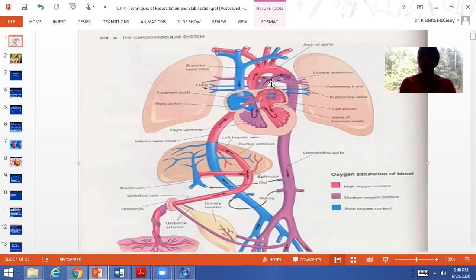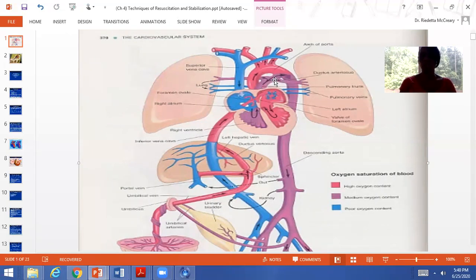But once it gets into pulmonary circulation, because the pulmonary vessels are constricted, the blood that enters pulmonary circulation will shunt through another shunt called the ductus arteriosus.